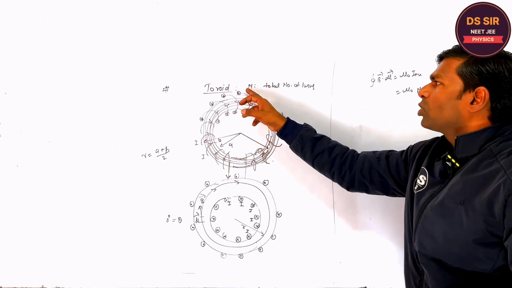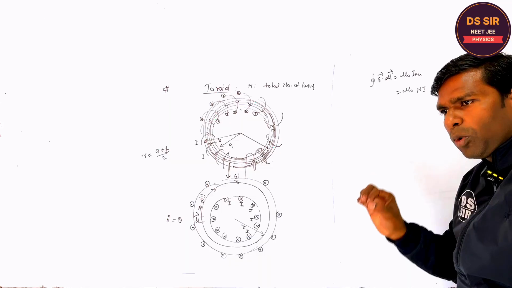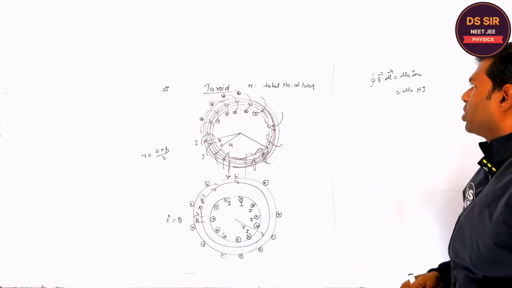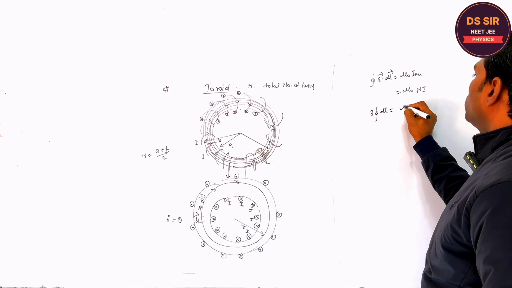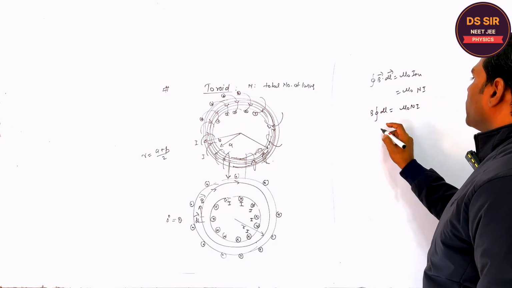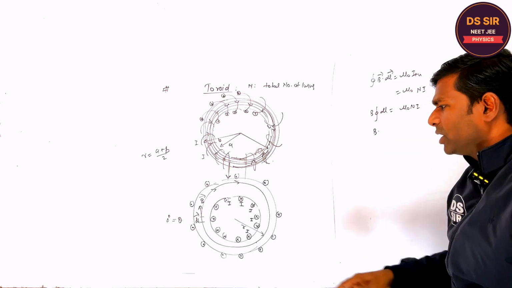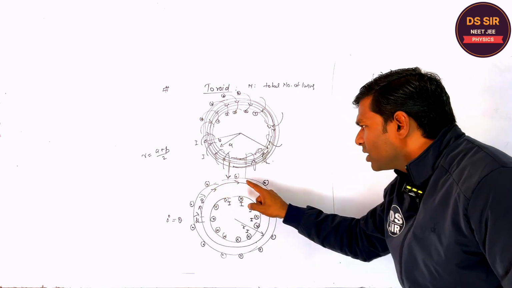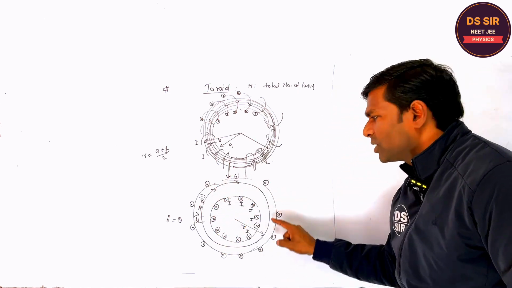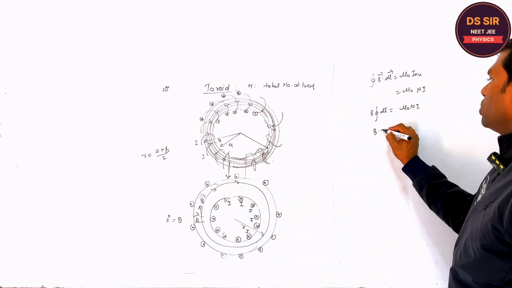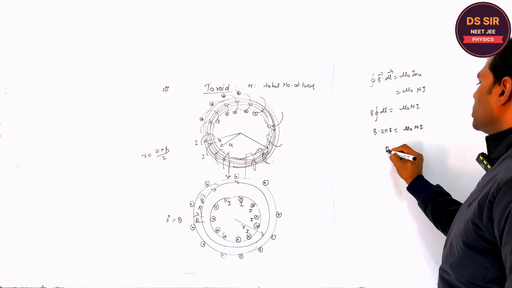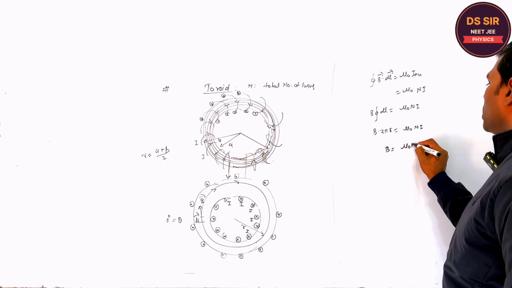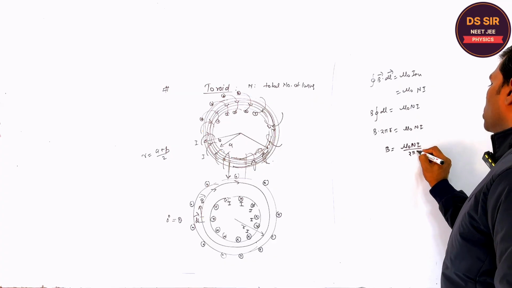The property of the toroid is capital N, and small n is the property of the solenoid. Here theta is 0, so B dot dl gives mu naught N I. The integration of dl is the total circumference, so B times 2 pi r is equal to mu naught N I. So B is mu naught N I upon 2 pi r.